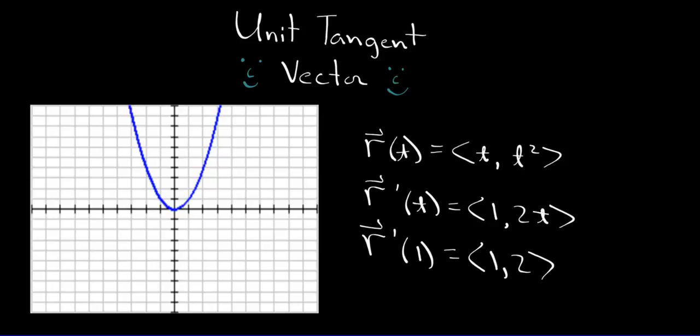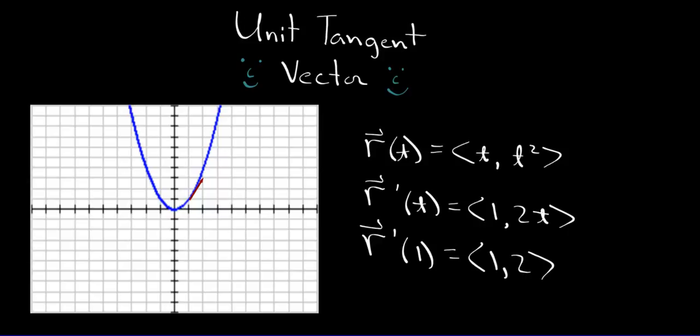I'm going to use the initial point 1, 1, and then go from there. I'm going to go over 1 and up 2. That's the way we've been sketching these. So there is my vector that's parallel to the tangent at t equals 1.